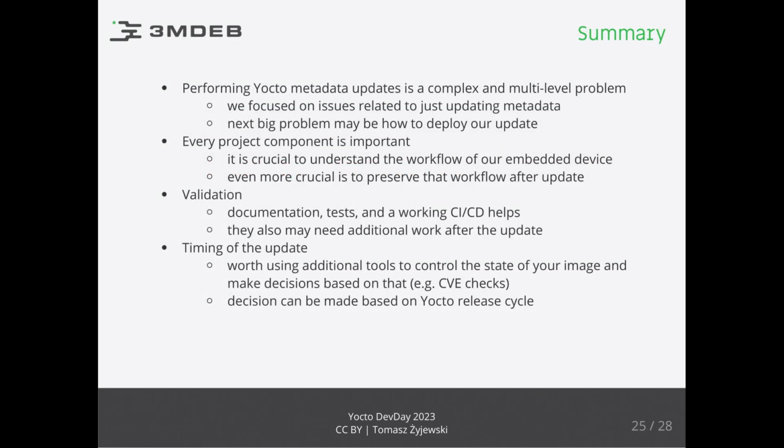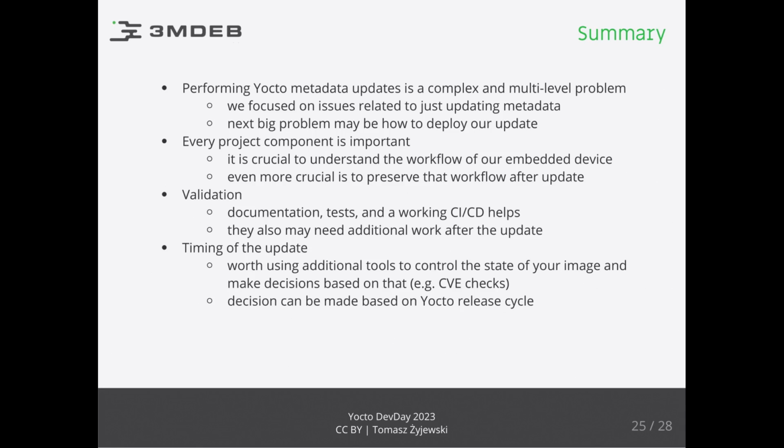As you can see, performing a Yocto-based project update is not an easy thing. We need to think about a lot of stuff: how to update it, how to prepare the build environment, and how to test it properly. Every project component that I mentioned is important.